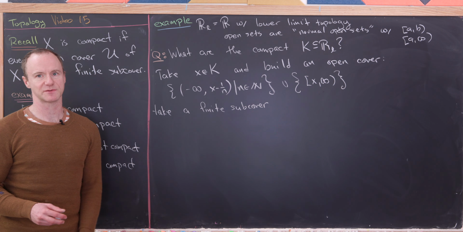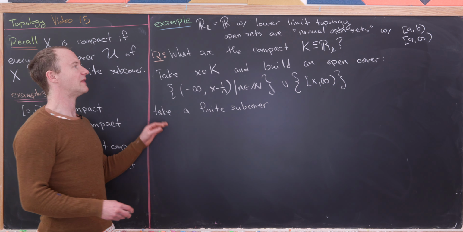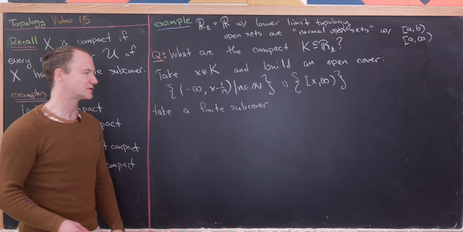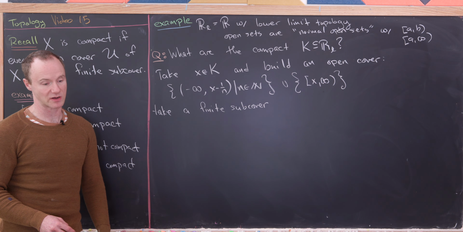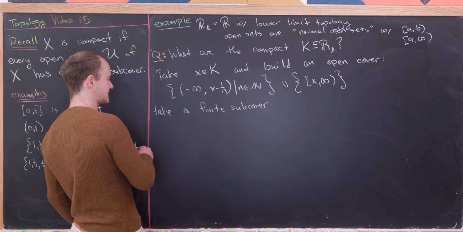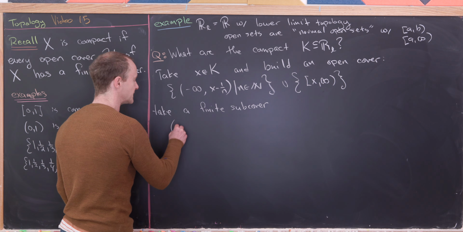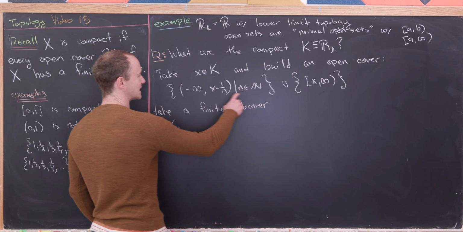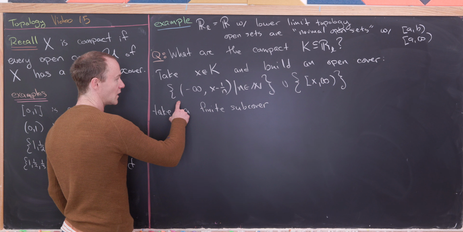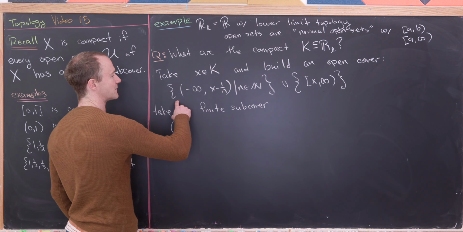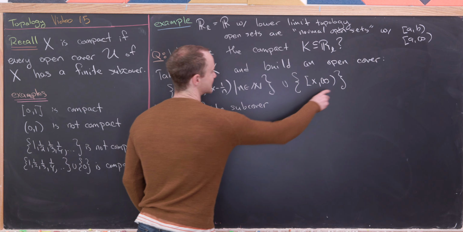We previously talked about why it was an open cover. And then again, since K is compact, we can take a finite subcover. And so notice that our finite subcover will have one of the following forms. It'll have finitely many things from here only, or it'll have finitely many things from here along with this set over here.